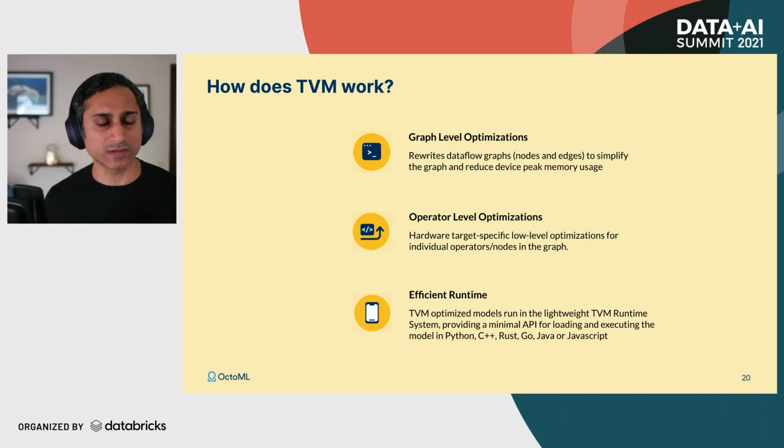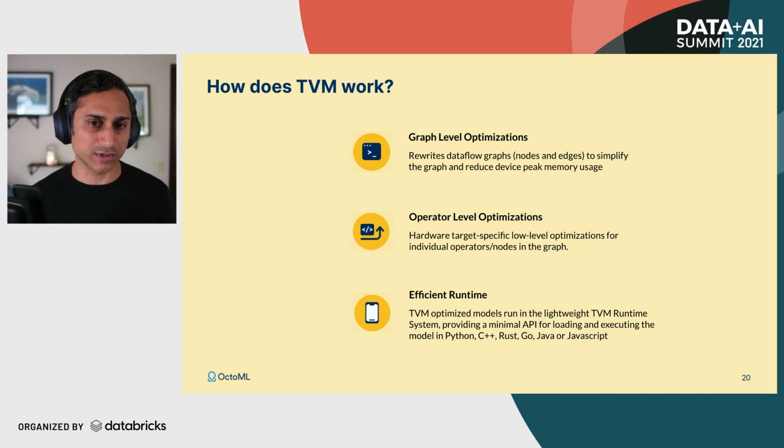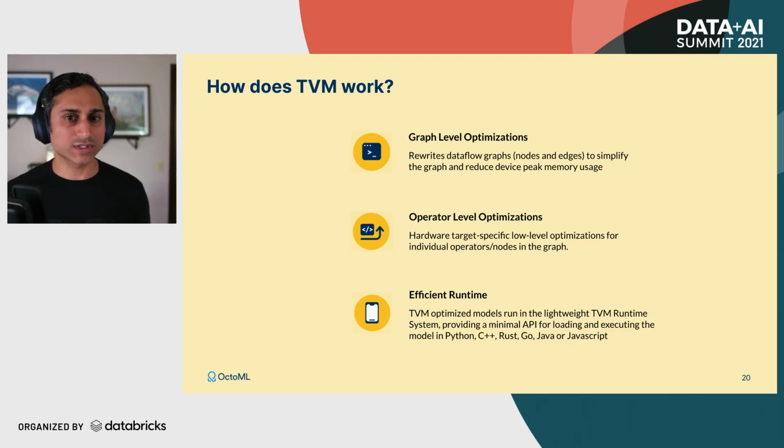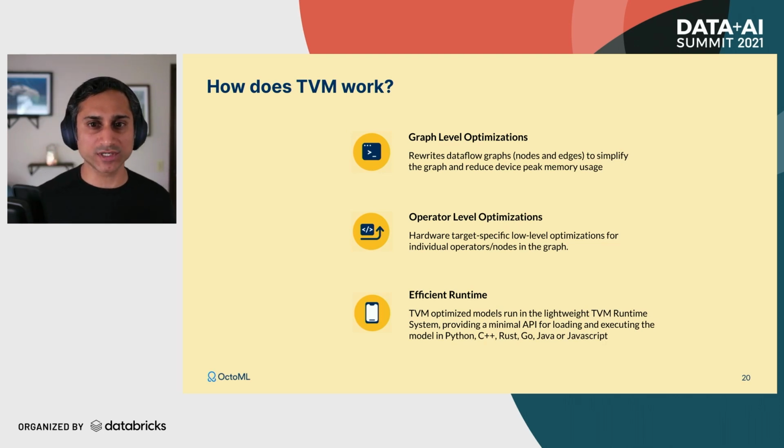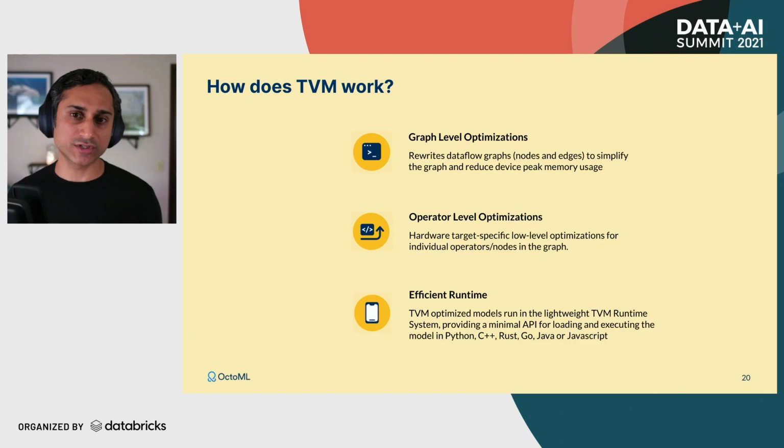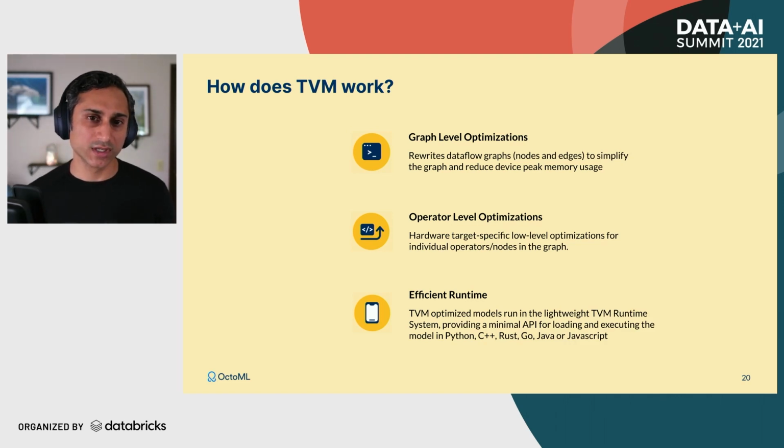The type of graph optimizations TVM does, for example, are operator fusion, which fuses multiple small operations together. Constant folding, which pre-computes graph parts that can be determined statically, saving execution costs. Static memory planning passes, which pre-allocates memory to hold each intermediate tensor. Data layout transformations, which transform internal data layouts into backend friendly formats. So those are 4 examples of graph level optimizations.